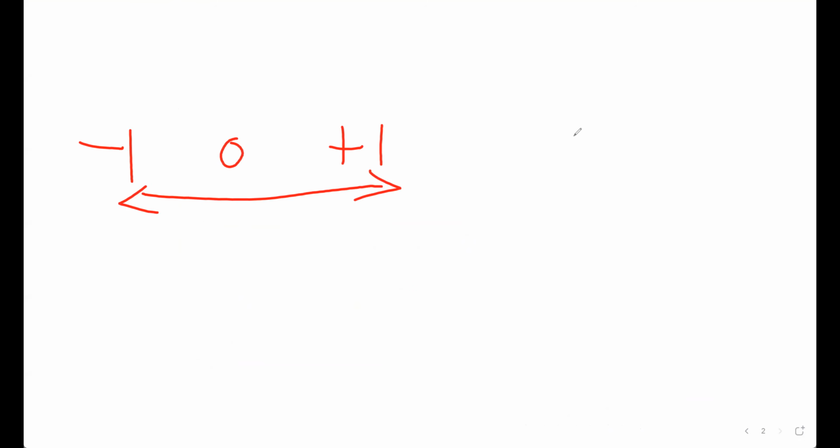The closer you are toward 0, is the relationship getting weaker or is it getting stronger? Suppose you're moving from +1 coming towards 0, or you're moving from -1 coming towards 0. What is happening to the relationship?